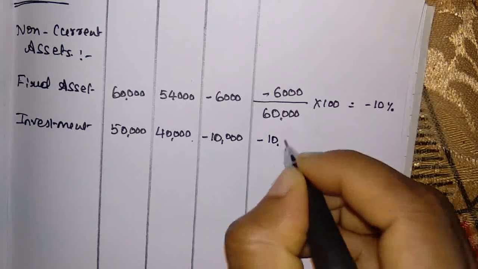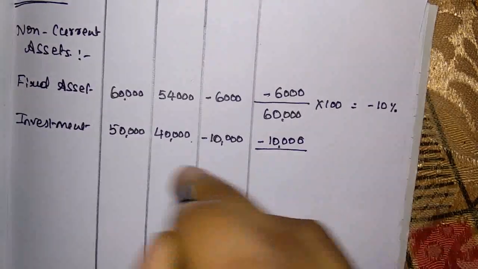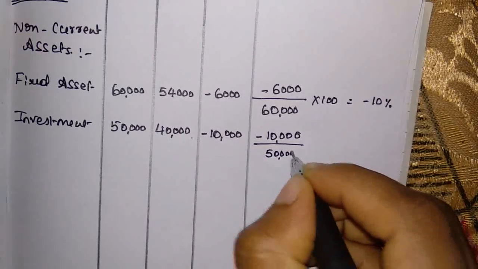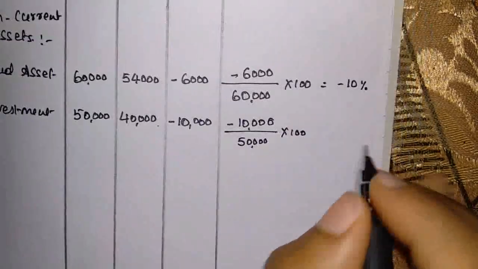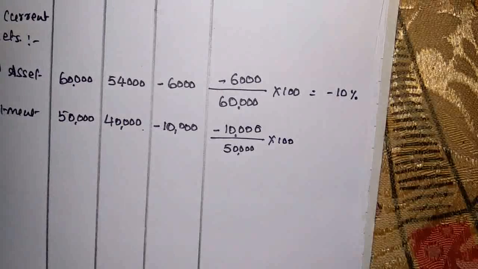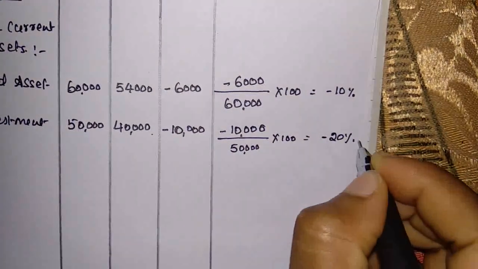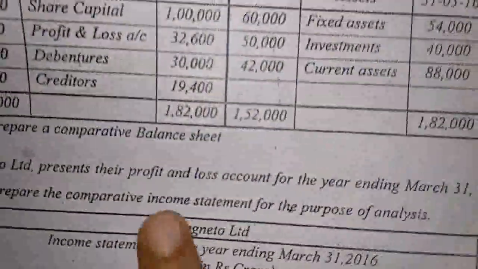Change in percentage is minus 10,000 divided by base year value 50,000 into 100. So change is minus 20%.